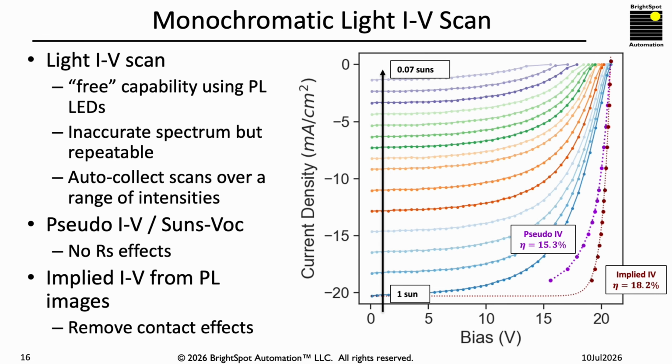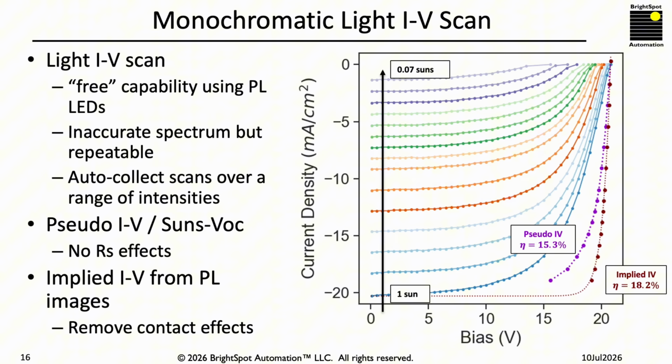With the photoluminescence light sources and the addition of electronic load, we can get light IV scanning capability. This is monochromatic light IV though, so it's not an accurate spectrum to the sun, but it is quite repeatable and of value.